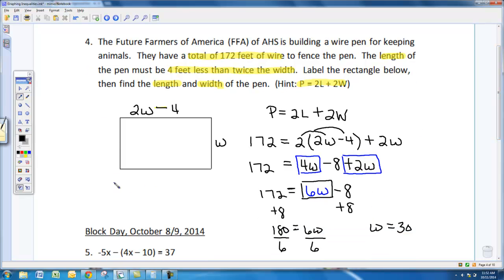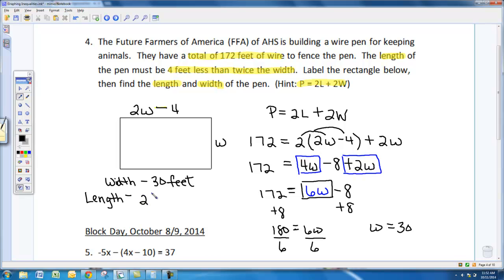W is the width, so we've only answered one of the questions. We know that the width is 30 feet. We now have to find the length of the pen. The length is 2 times the width minus 4.